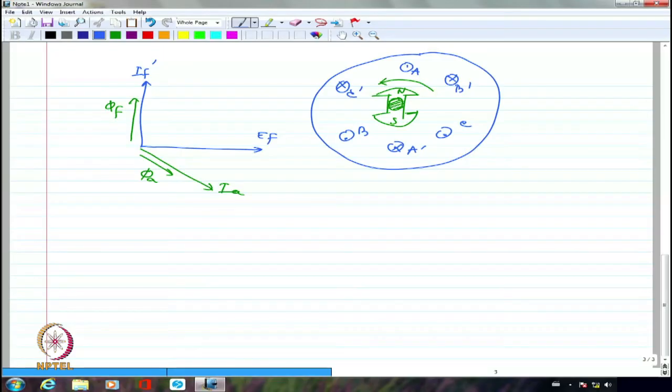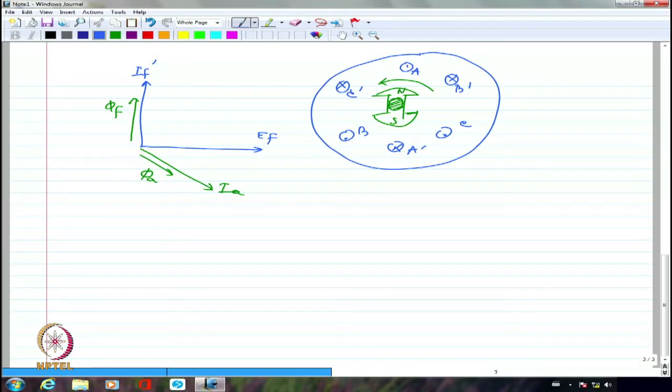That is the reason I am able to specify IF as a phasor, a rotating vector. I am able to mention it only because I am looking at this whole thing rotating at synchronous speed. So, although physically I am rotating the magnet, it is equivalent to electrically creating the revolving magnetic field.